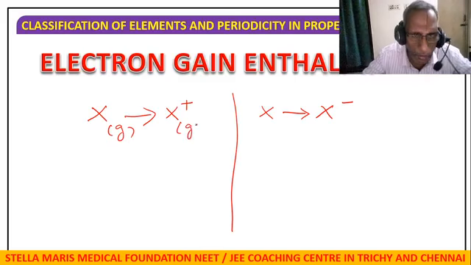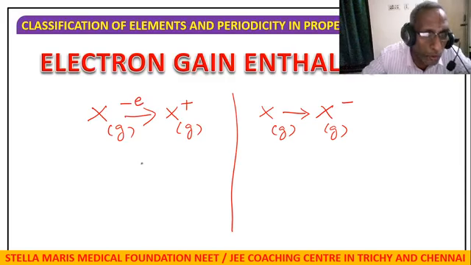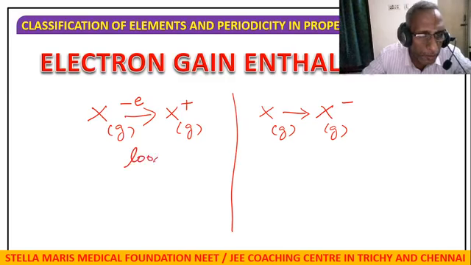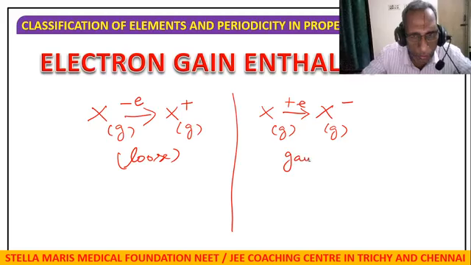Don't worry about the state. They are usually only in the gaseous state. So, in order to form a cation, the atom has to lose an electron. In order to form an anion, a negatively charged species, the atom has to gain an electron.